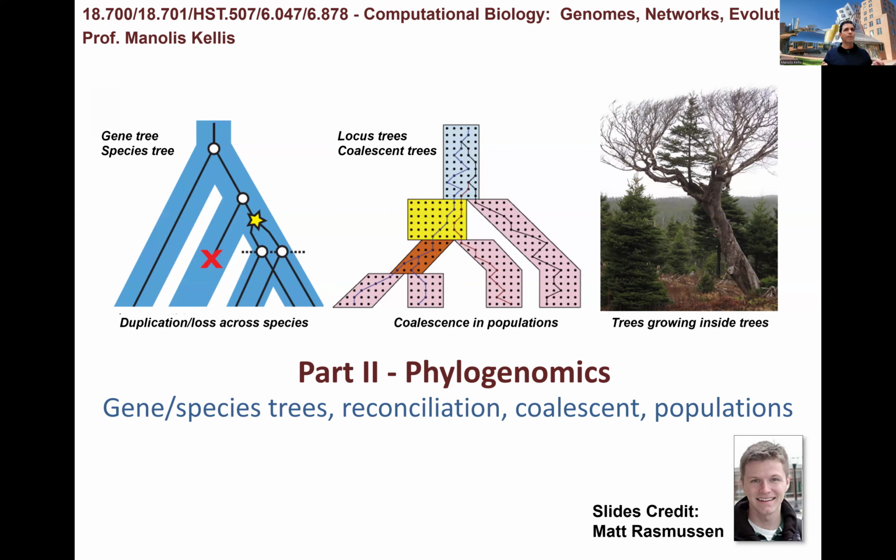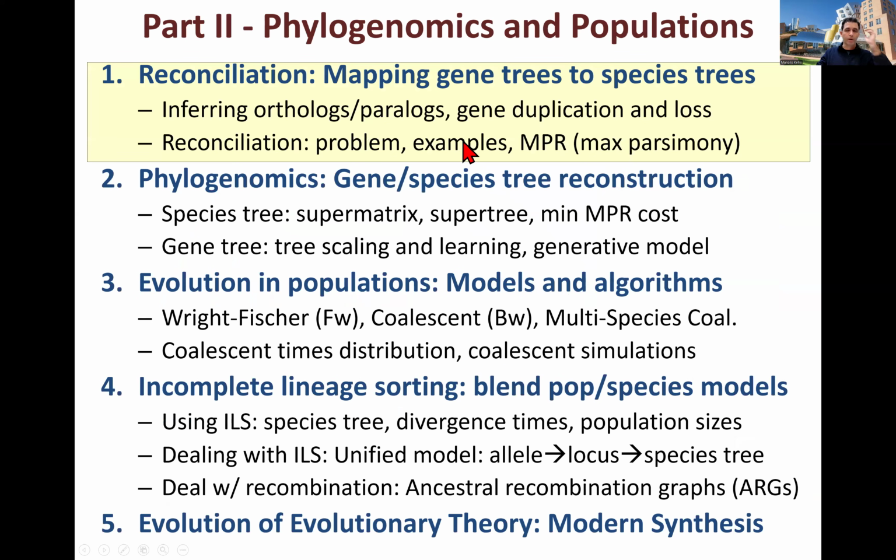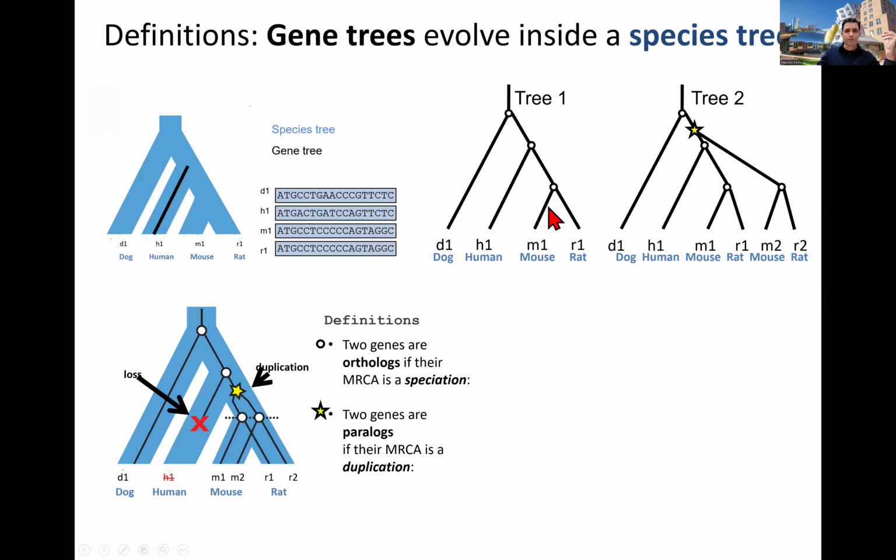So suddenly, I can do a lot more if I have knowledge of what every element in my tree represents. Okay? And that's what we're going to do now. Now we're going to deal with phylogenomics. The first part is to realize that gene trees evolve inside species trees.